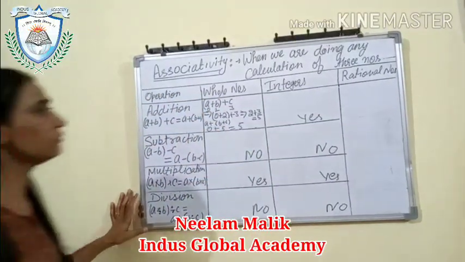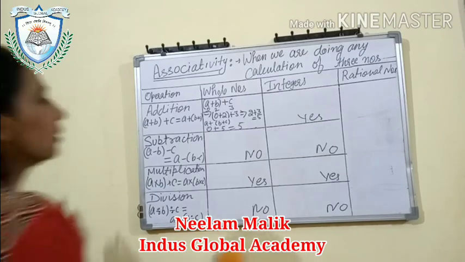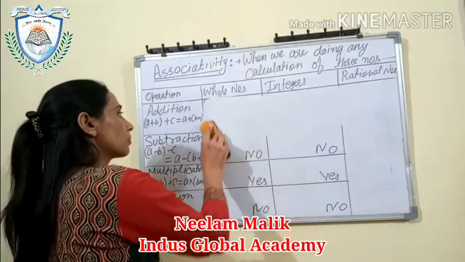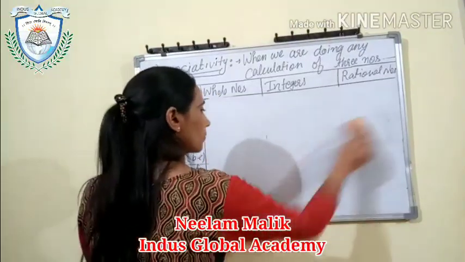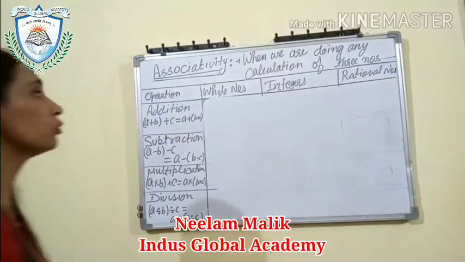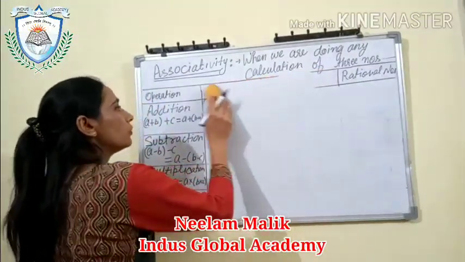Now I will explain rational numbers in detail. You understand? Associativity means we are doing a calculation on 3 numbers. Okay, so now we will do it only for rational numbers.